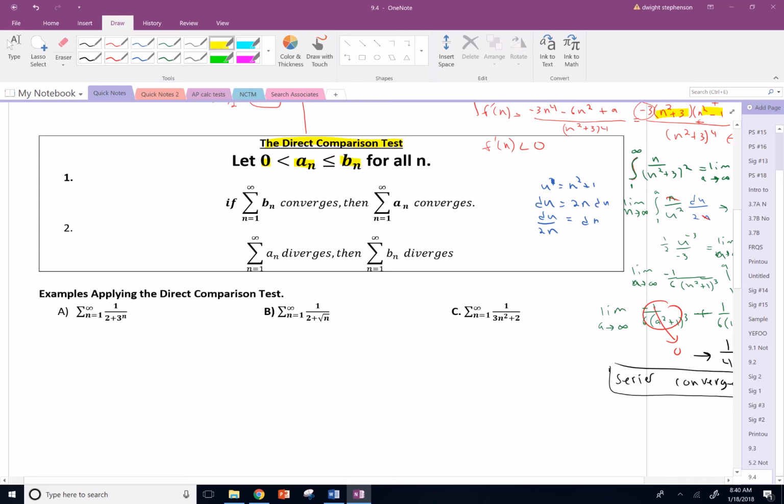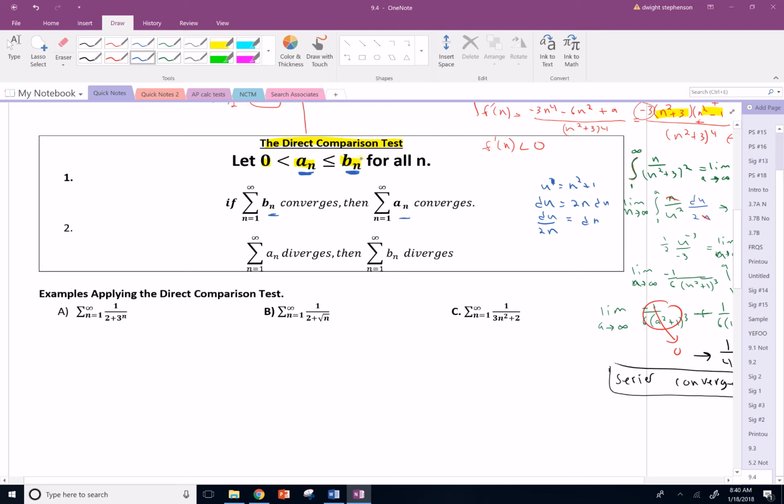And if the terms in this series, an, are less than the terms in bn, meaning a1 is less than b1 and a2 is less than b2 and a3 is less than b3, and so on and so forth, then, if the bigger series, bn, converges, then the smaller series also converges, right?